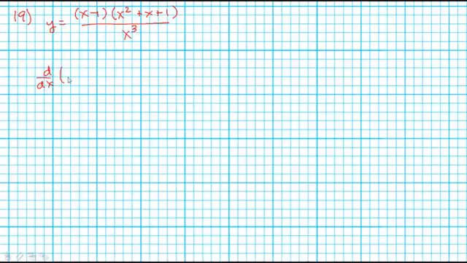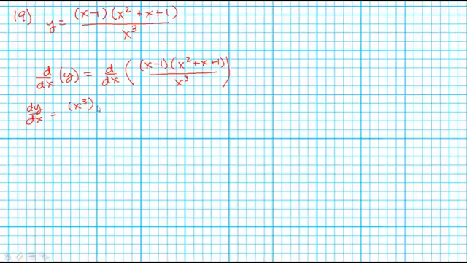Let's take the derivative of this with respect to x, and let's see what we get. We get dy/dx over here. Now this is a quotient, but in the top we're going to have a product rule going on as well. So let's start with the quotient rule.